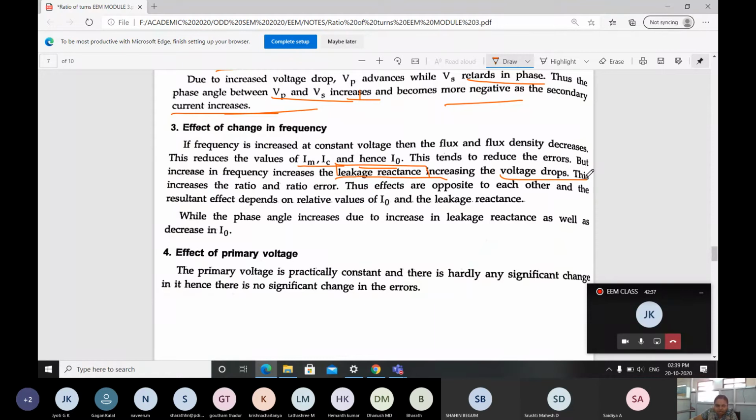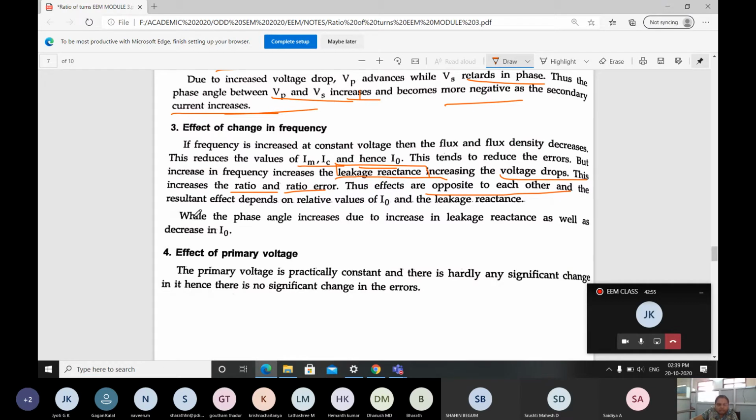This again increases the ratio and ratio errors. Thus, the effects are opposite to each other.